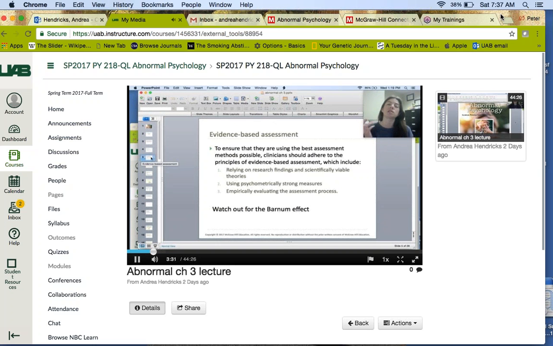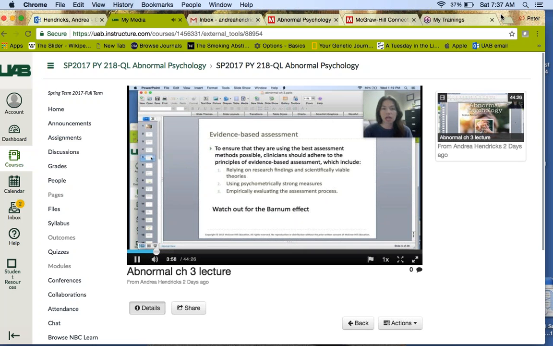We want things to be evidence-based, which is what we've talked about before. This is really important. We want to ensure that we are using the best assessment methods possible. We as clinicians want to adhere to the principles of evidence-based assessment, just as we talk about evidence-based treatment. We look at research findings.